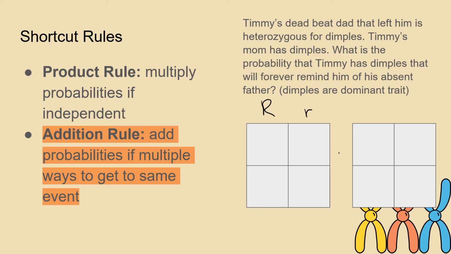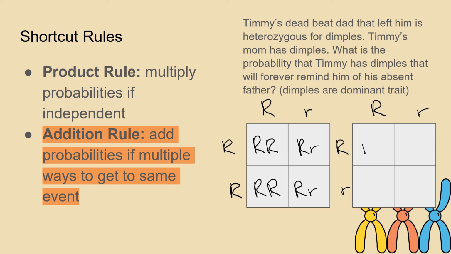So his mom could either be heterozygous or homozygous dominant. So that's where we have our 2 ways to get to the same event. So we'll do this. Okay, and then, yeah, it's asking what's the probability that he'll have dimples.